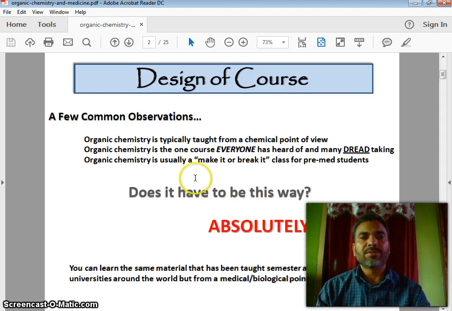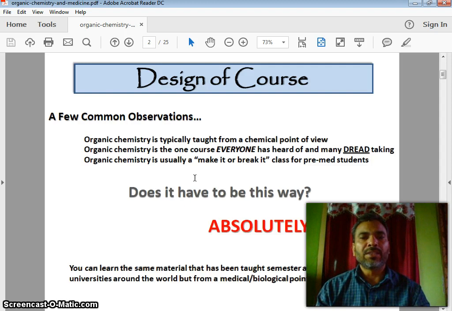Organic chemistry is the one course everyone has heard of, many talking and taking. Organic chemistry is usually a make it or break it.